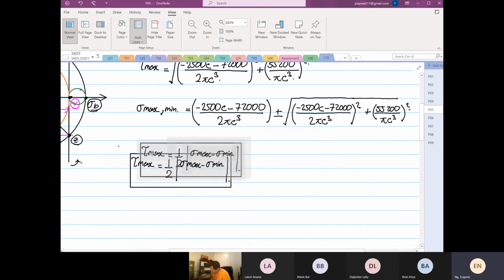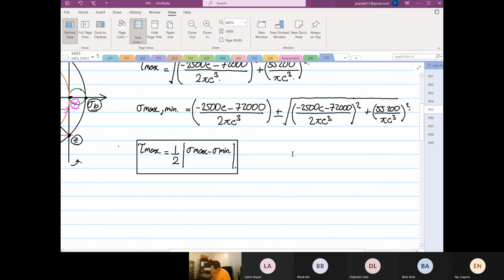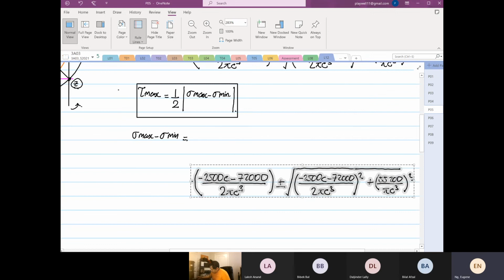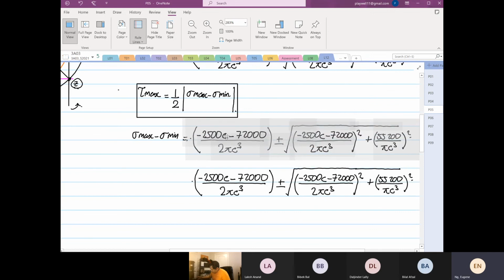So this is the formula that we're going to apply. When we do stress max minus stress mean, it's basically this value. I paste it, I don't want to write again.